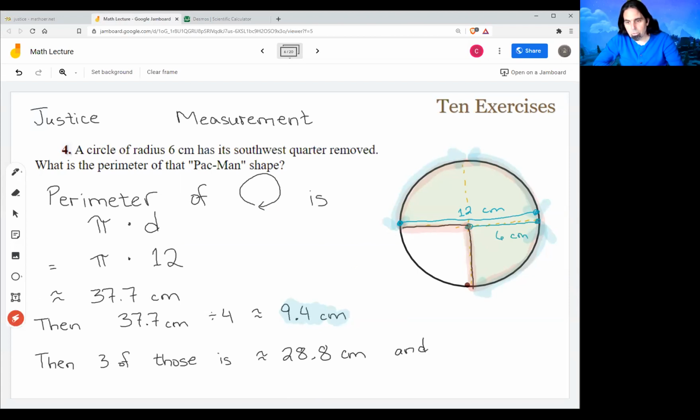We also need to go up here and up there to finish our path. That's another 12, isn't it? Yep, because this is 6 and that is 6.